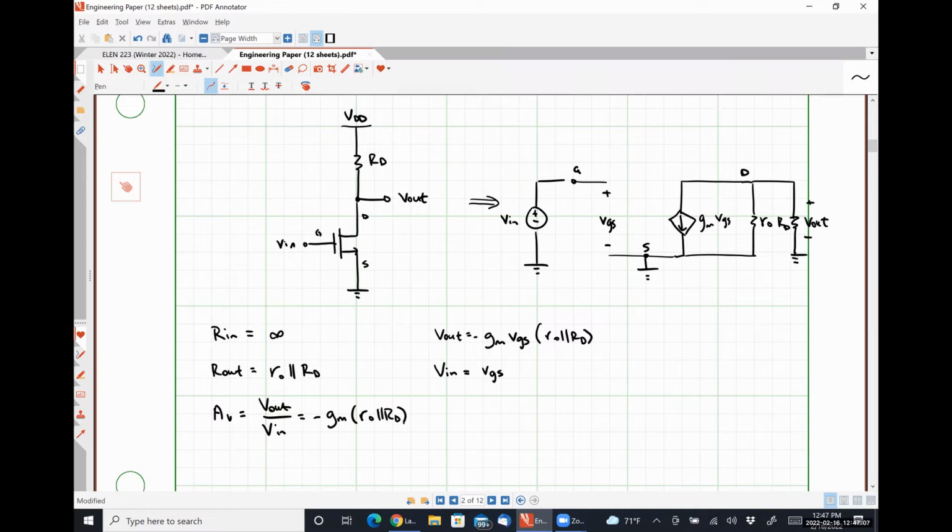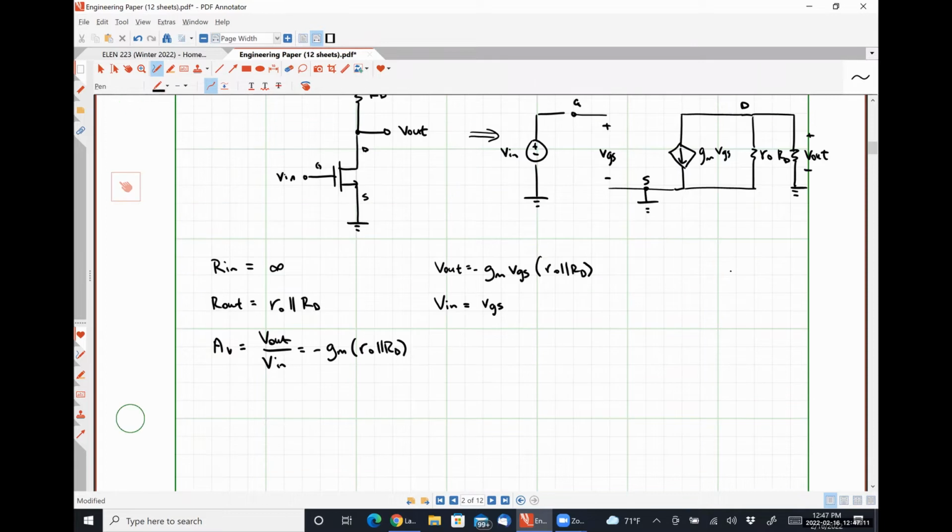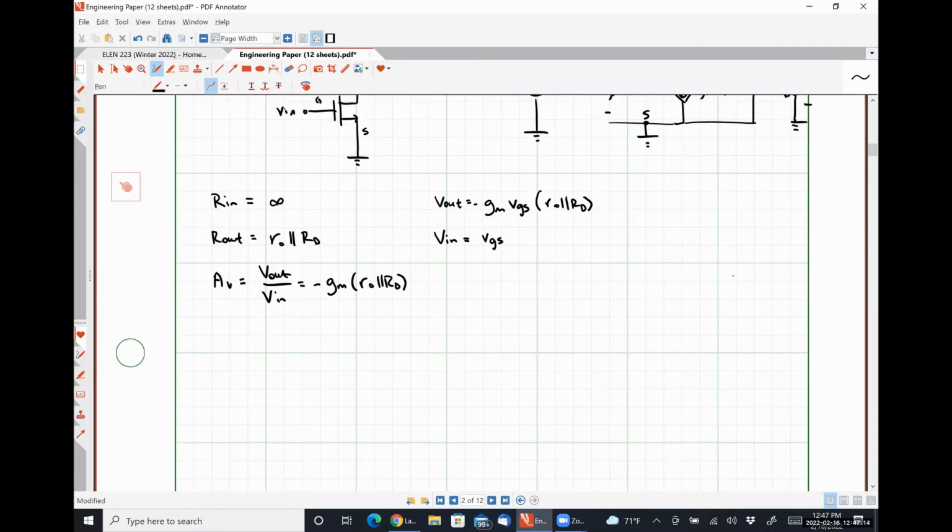So we don't have any grace period, as it were. Okay. So our voltage gain here, and just to be clear, this is the expression that I'm expecting you to use, apply, etc. But if we plug in our equation for gm, what we'll find is that we have negative the square root of 2 mu n Cox W over L times ID.